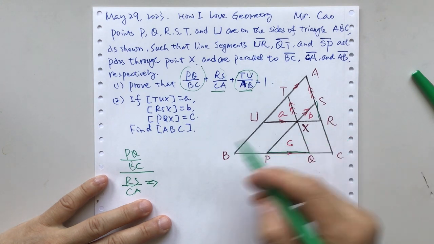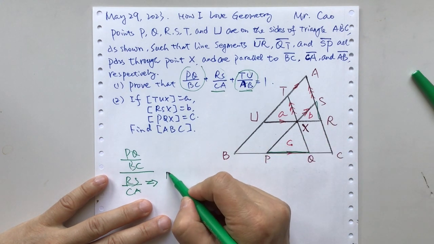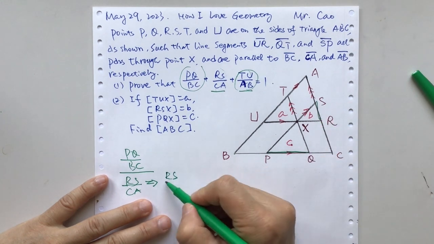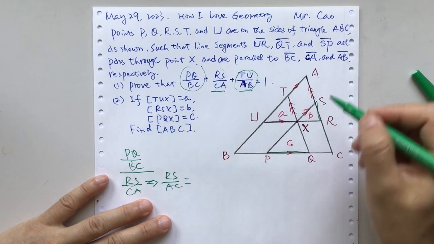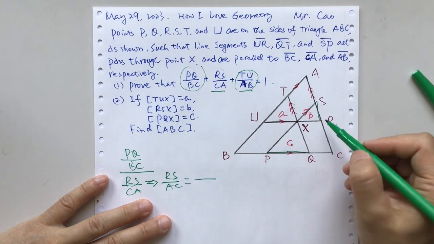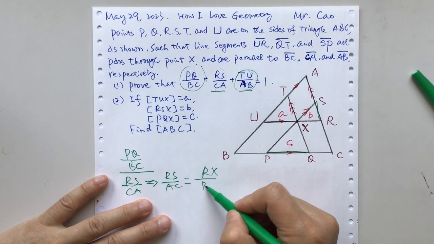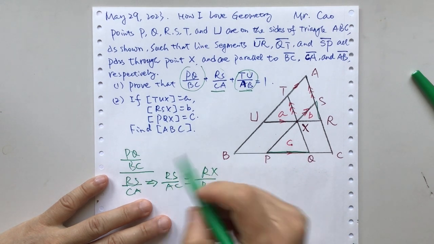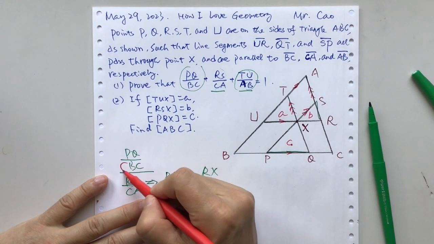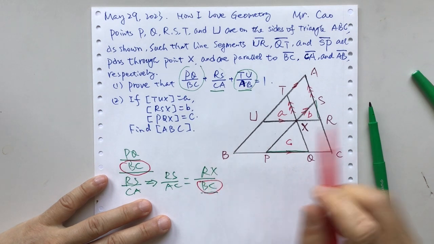So we can make RS over AC equal RX over BC.